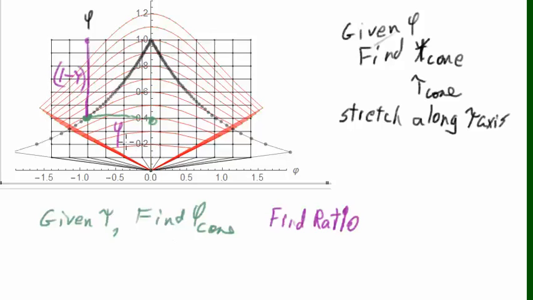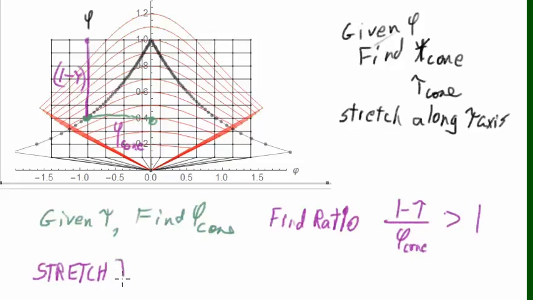This is going to be phi of the cone, and the tau is going to be the same for both of them. We're going to find the ratio, which will be 1 minus tau over phi of the cone, which is greater than 1. And then that will be how far we stretch what I'm calling conformal time, and then we'll return from that subroutine.